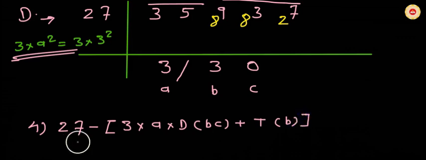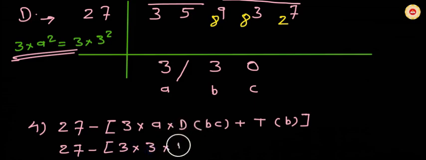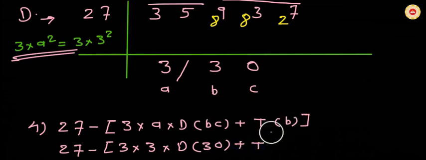right? Now let us put the values of A, B, C and B. So 27 minus 3 multiplied by, what is A? 3. Duplex of BC, what is B? 3. What is C? 0. Plus triplex of B, what is B? 3.